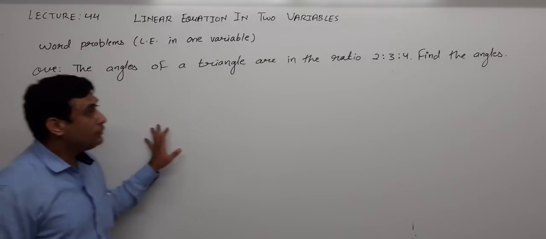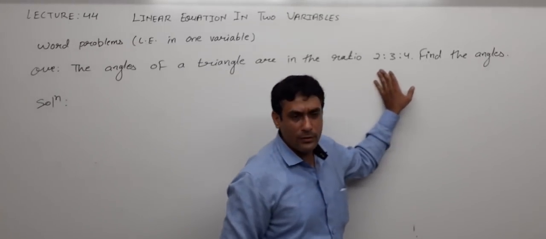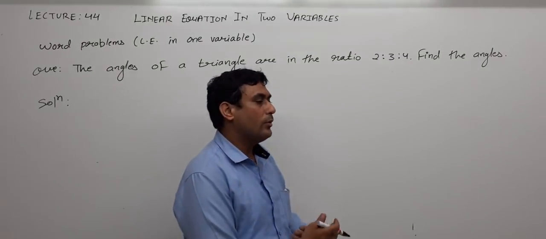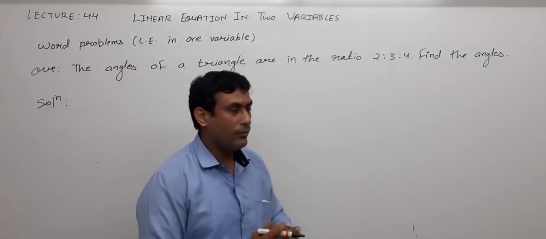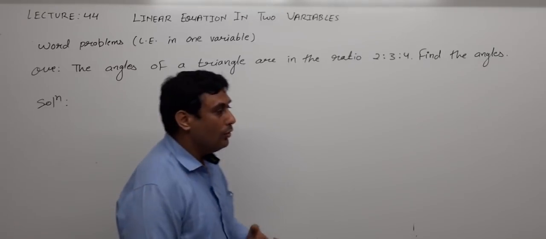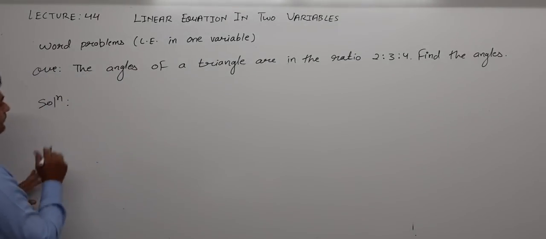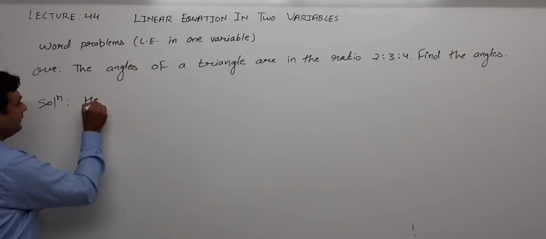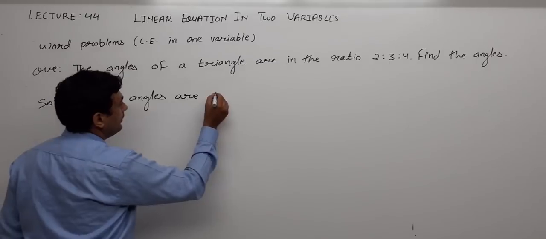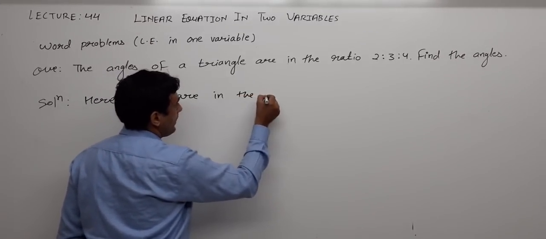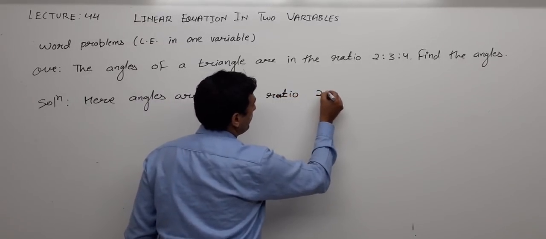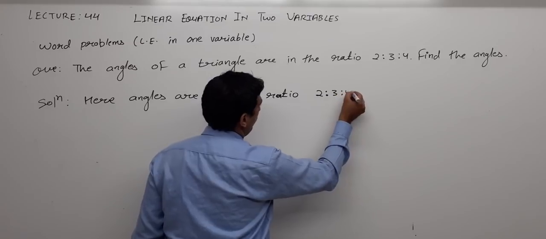And another thing that you should know: if any quantity, here we are talking about angles, suppose we are talking about sides, or edges, weights, whatever, if the data is in the ratio, then how to convert that into the direct form? So here angles are in the ratio 2:3:4.